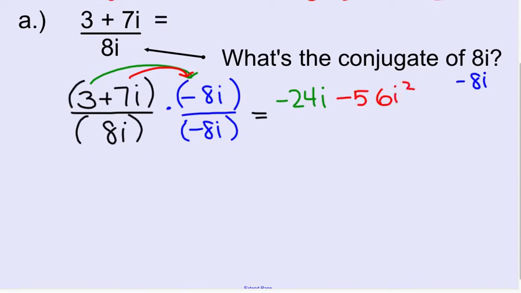Then in the denominator, we're going to multiply 8i times negative 8i, and we get negative 64i squared. Now we have some simplifying to do.